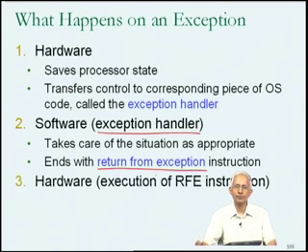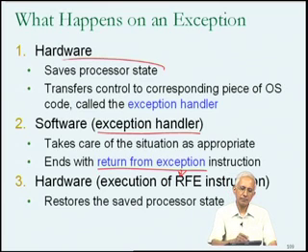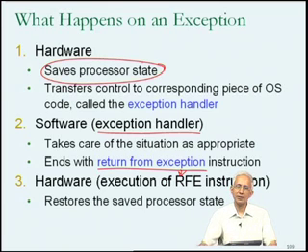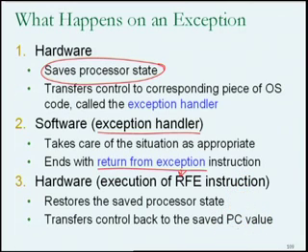So we're now back to hardware, the execution of the RFE, or return from exception instruction. What should happen as an effect of this instruction? The answer is, this instruction should cause the saved processor state to get restored into the processor, and then it should cause control to be transferred back to the appropriate PC value.